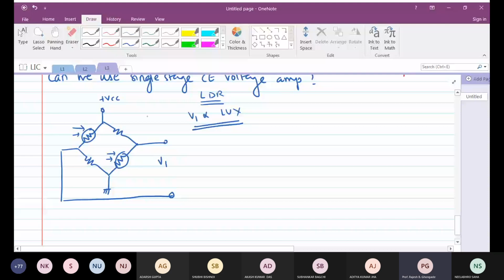Yes, sir. I can keep this one in dark, and this I can expose to the ambient light whose intensity I want to measure. Then there will be an unbalance in the bridge, and correspondingly it will generate output voltage. I hope you have already studied Wheatstone bridge in your first year.